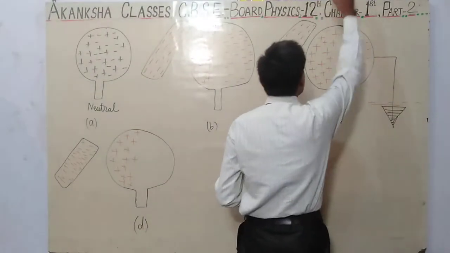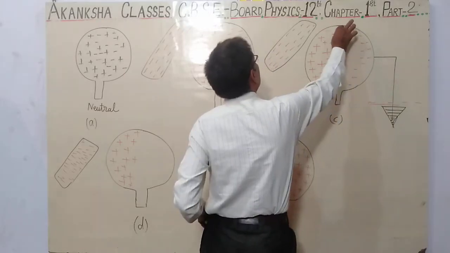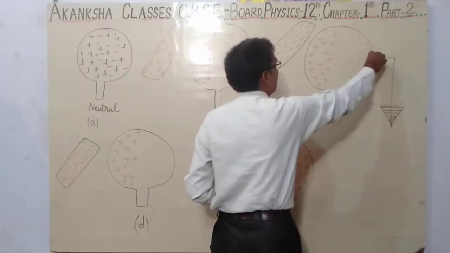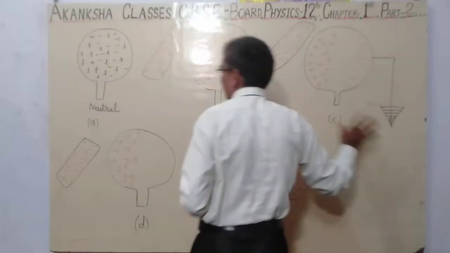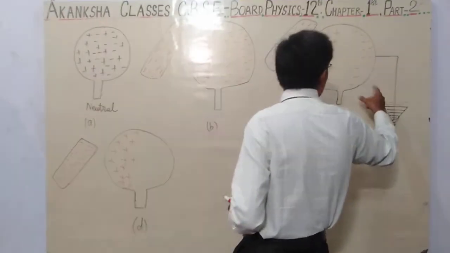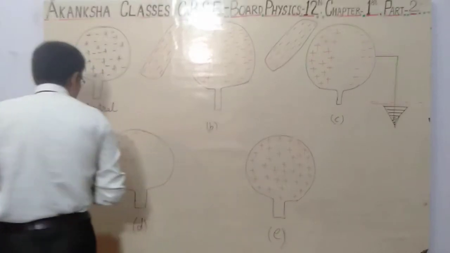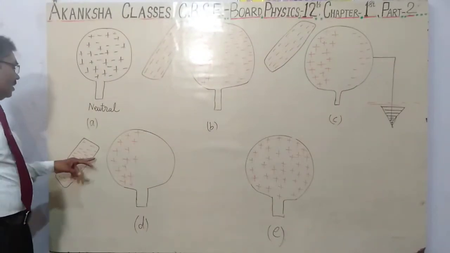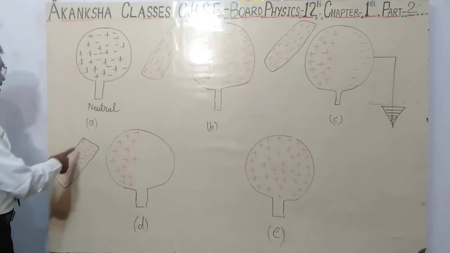In this process, because of the high potential, electrons keep on going down into the ground. And what will happen if the earthing connection is cut? If the earthing connection is cut, now we will see the same figure that is represented.